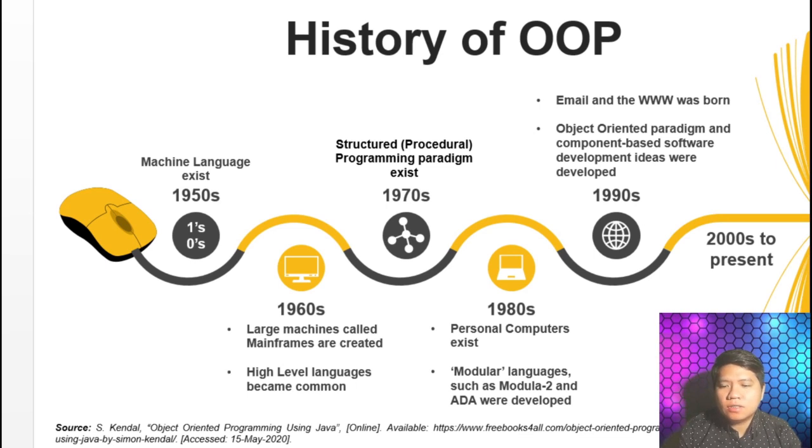In the 1960s, large machines called mainframes were created. The bank account and payroll programs changed the way organizations work and made parts of these organizations much more efficient. High-level languages became common during this time also, in the form of assembly languages, and made programming much simpler because they use English words, unlike machine code, which only uses ones and zeros.